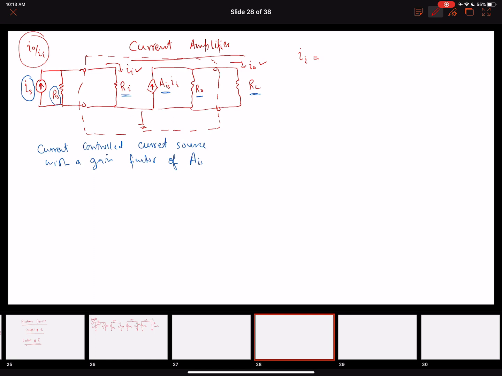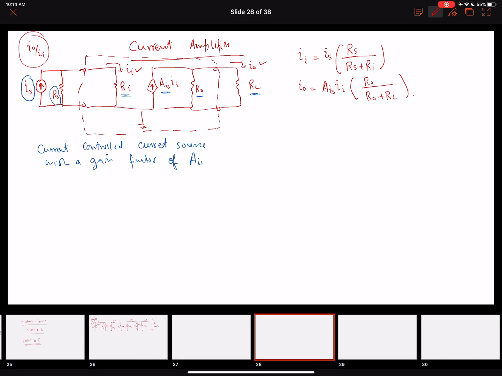So II will be equal to the source current, IS, into RS over RS plus RI. Similarly, I naught will be equal to AIS II into R naught over R naught plus RL.